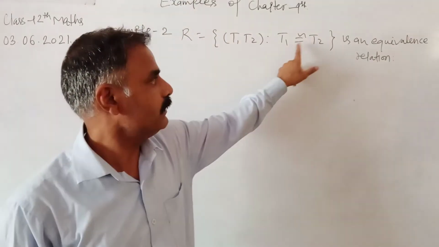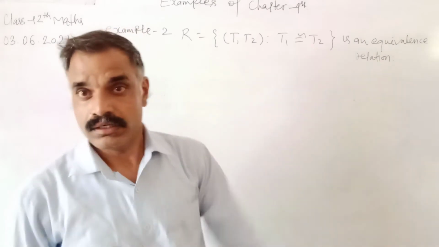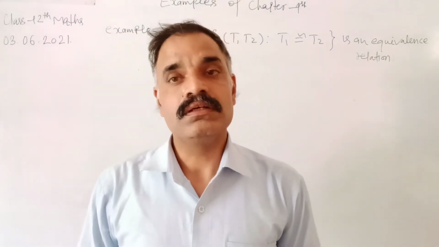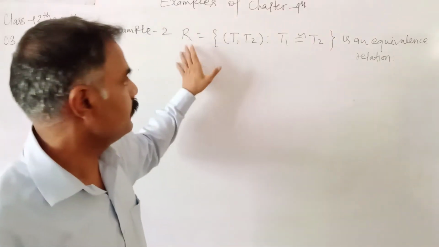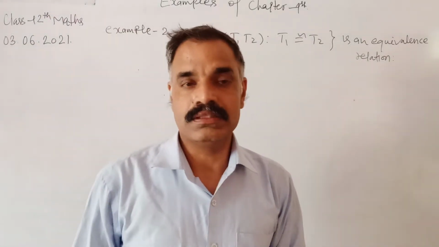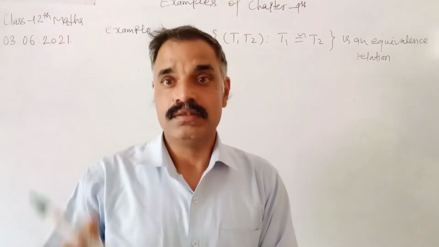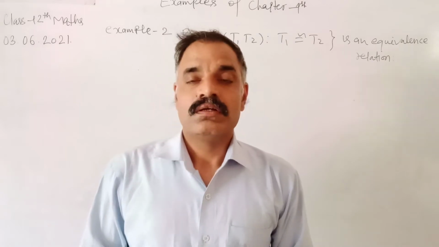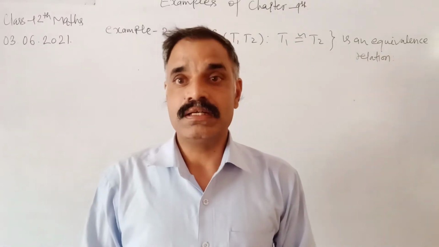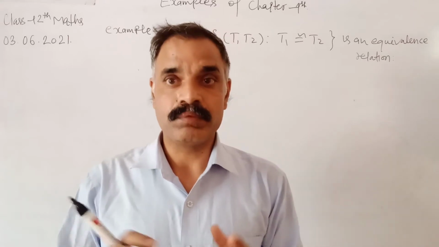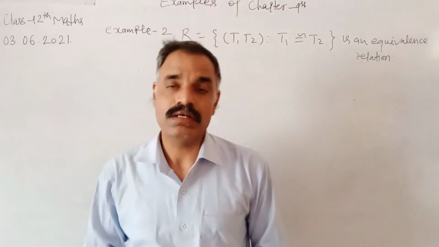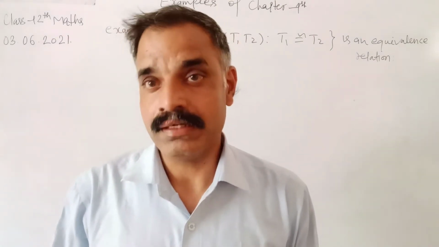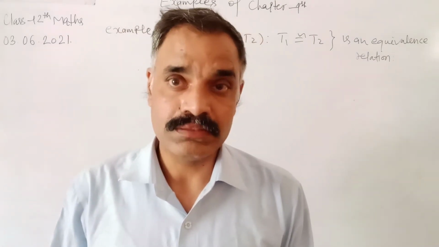Triangle T1 is congruent to triangle T2, and we have to show that this relation is an equivalence relation. In the previous video I explained that a given relation is an equivalence relation if it follows the properties of reflexive relation, symmetric relation, and transitive relation.